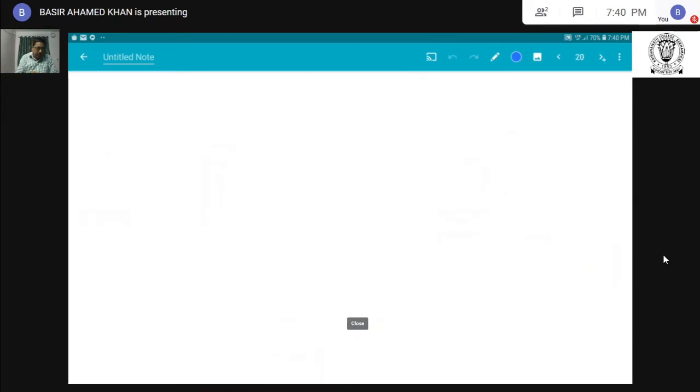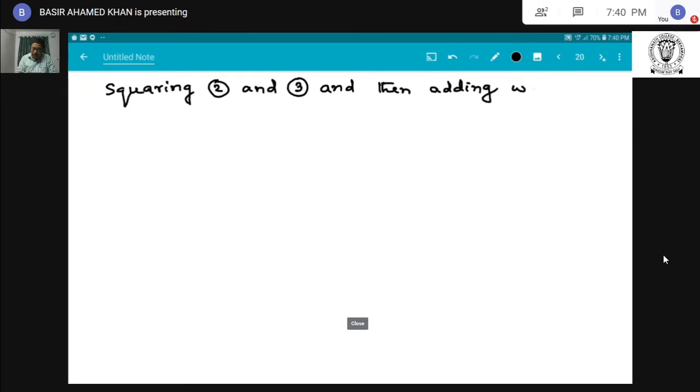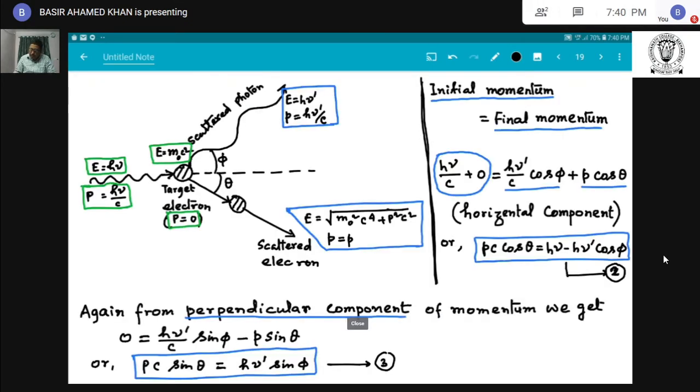That means squaring equations 2 and 3 and then adding, we get, here equation 2 and this is equation 3.